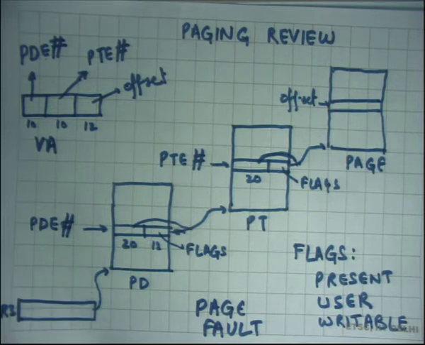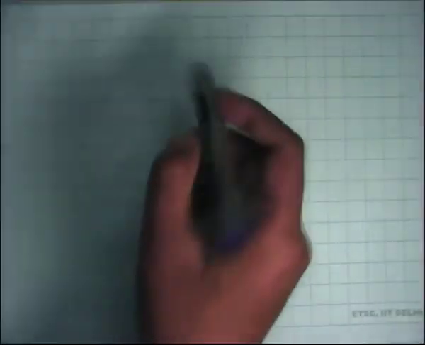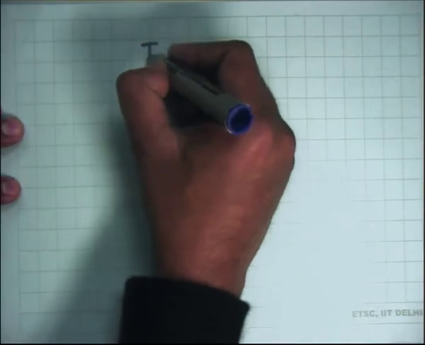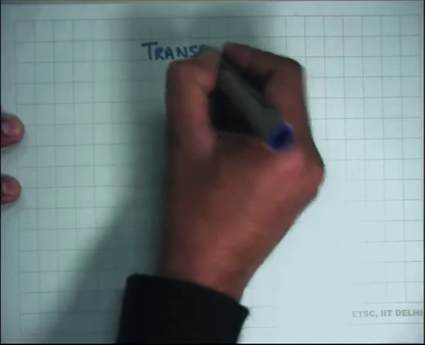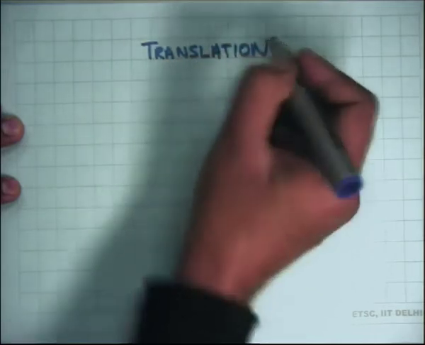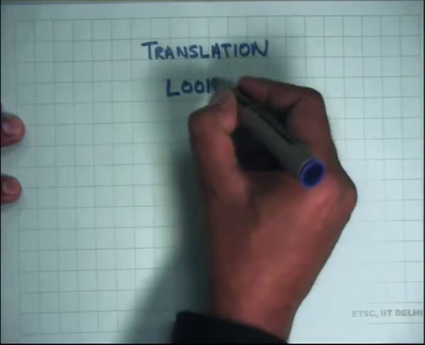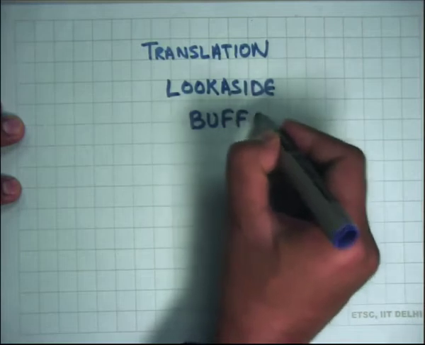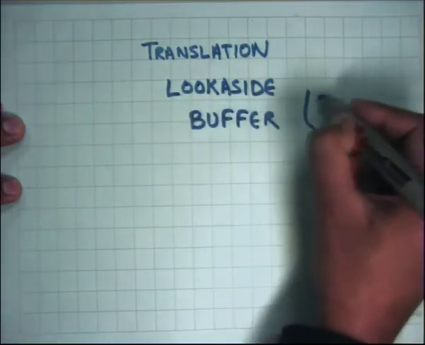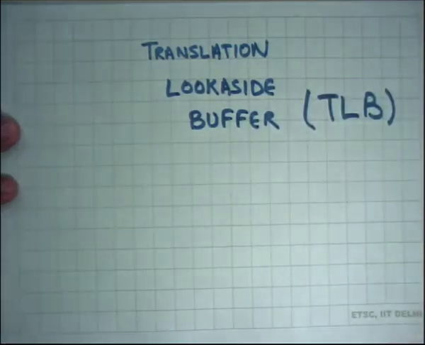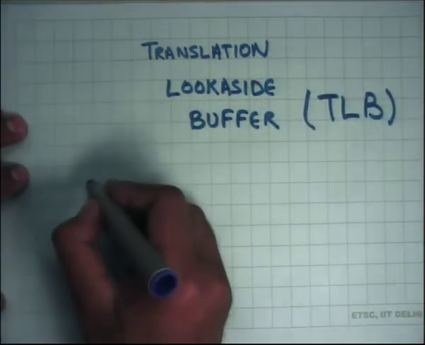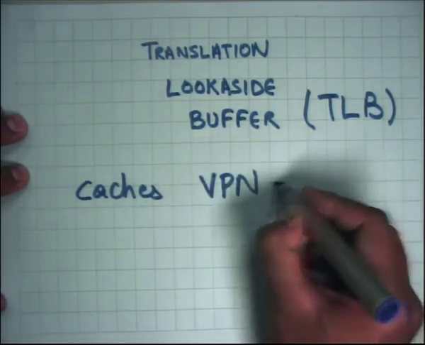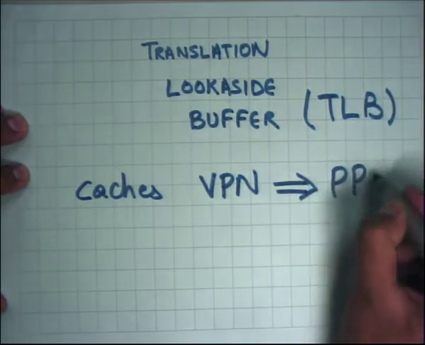Similarly in paging, there is also caching involved, and there is a special cache called the translation lookaside buffer, or TLB for short. This caches VPN (virtual page number) to PPN mappings.